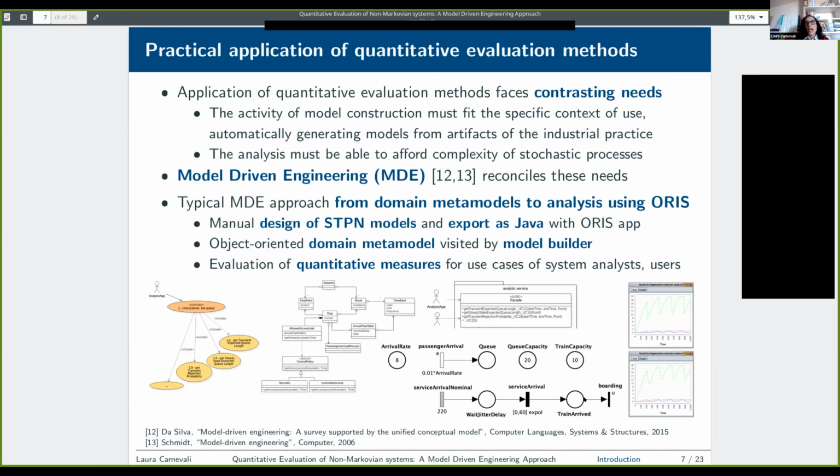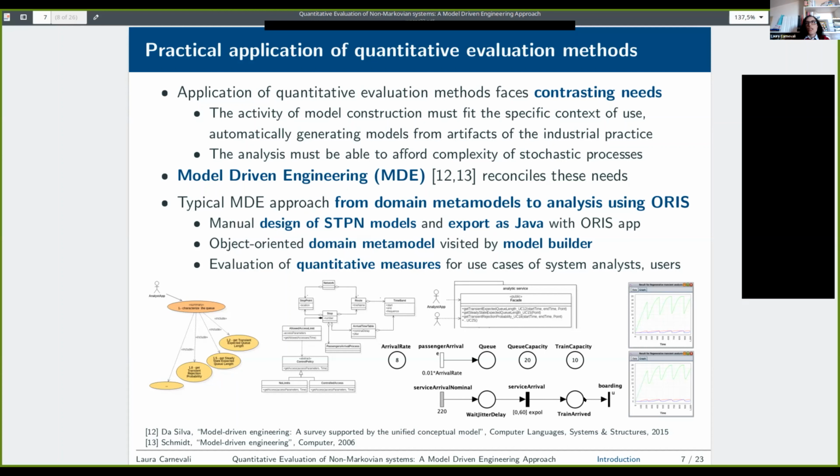So the ORIS tool supports model-driven engineering methods in a process that goes from domain metamodels and arrives to runtime analysis. So as I was saying before, typically we start designing models using the graphical user interface.